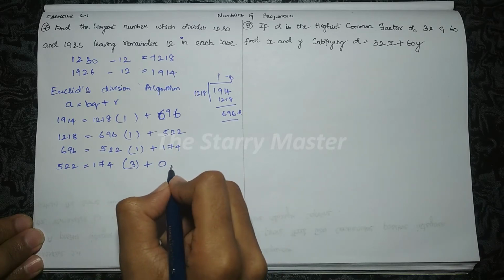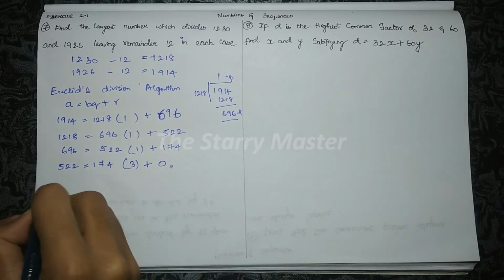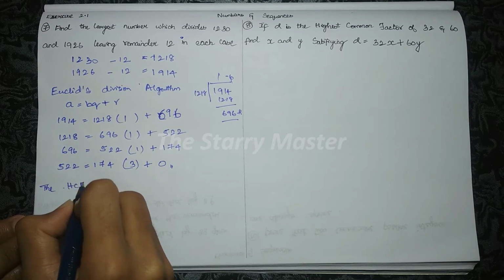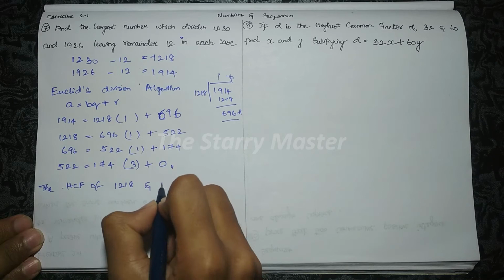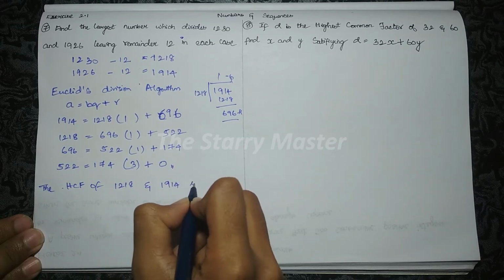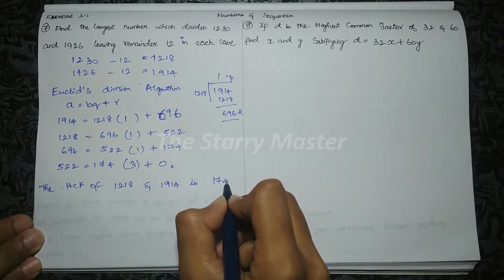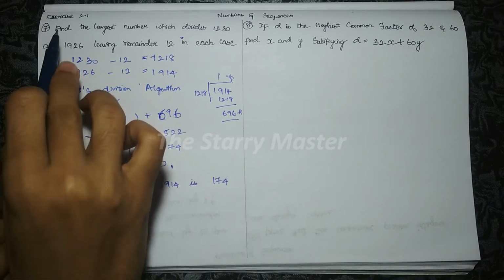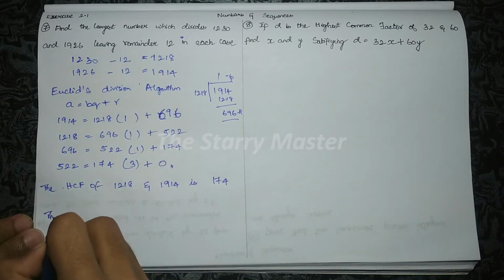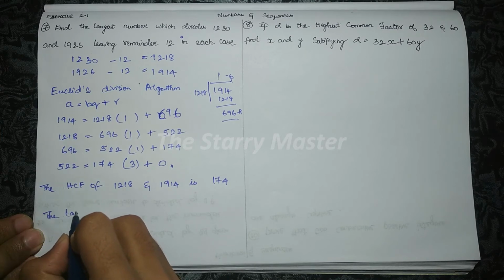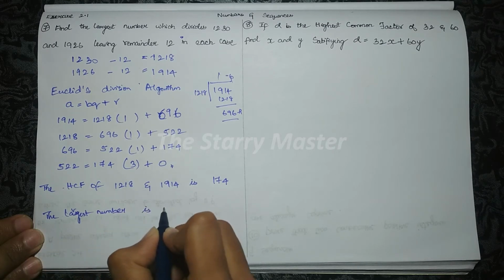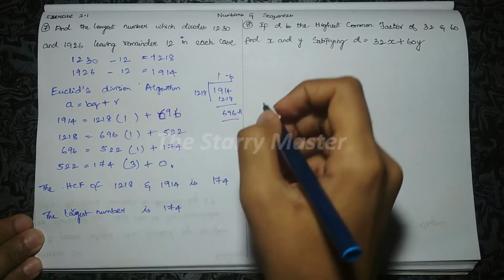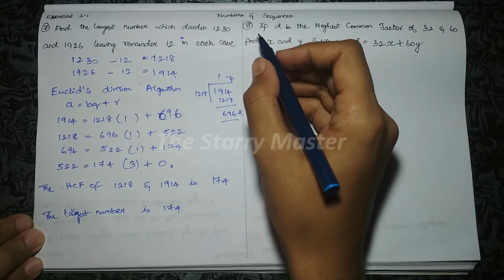So the HCF of 1218 and 1914 is 174. So the largest number which they have asked is 174.